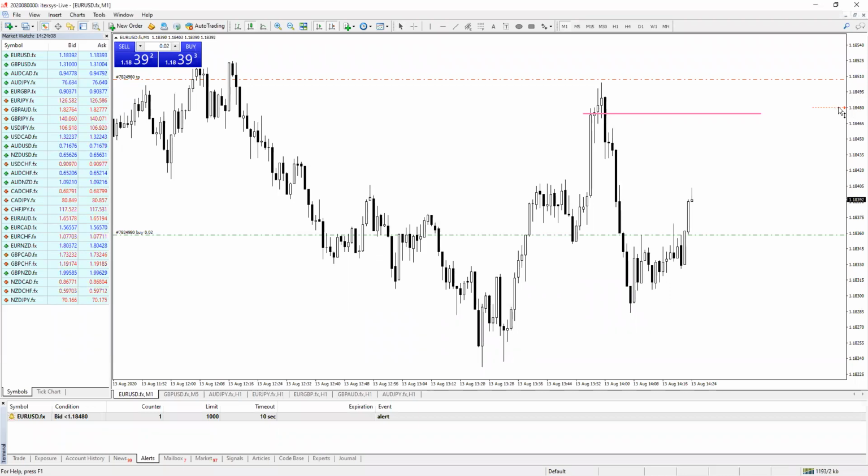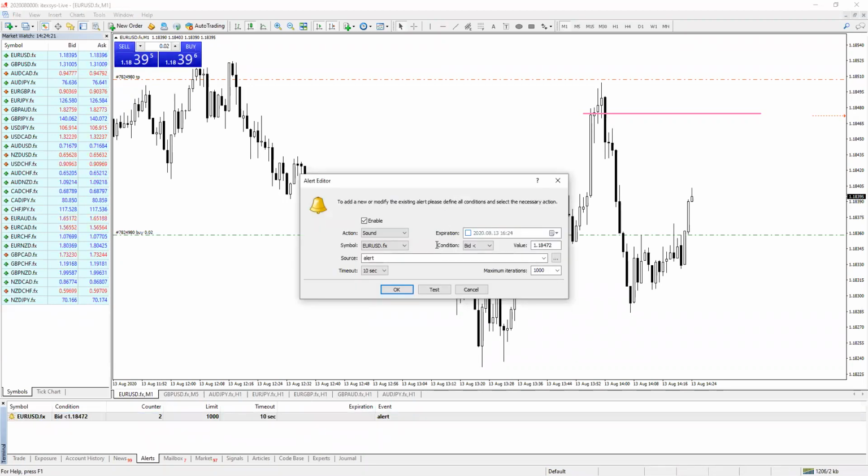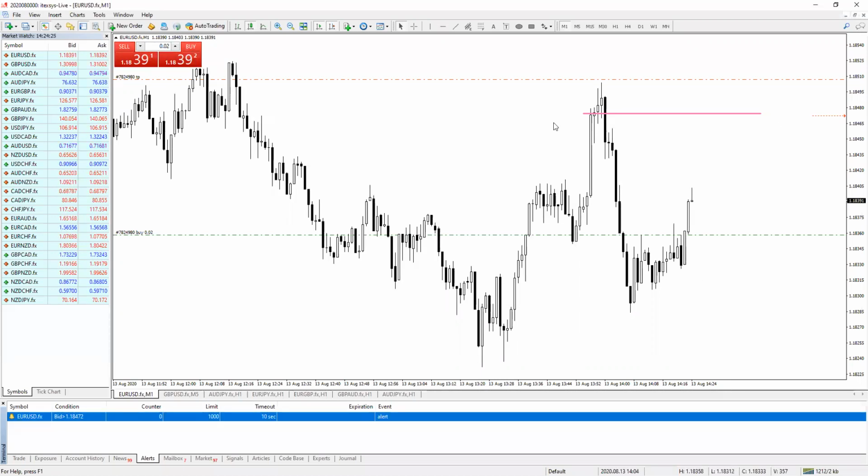That's right about here. Let's move it. So if price goes here, we'll know to go back to EURUSD to hear it. Bid should be higher than this. Okay, we're good.